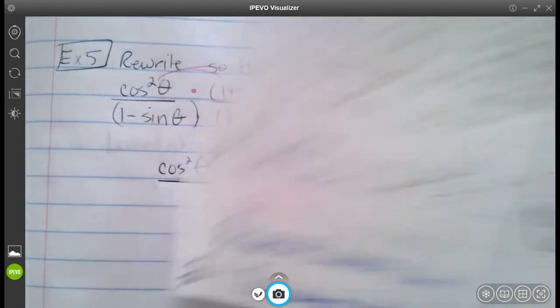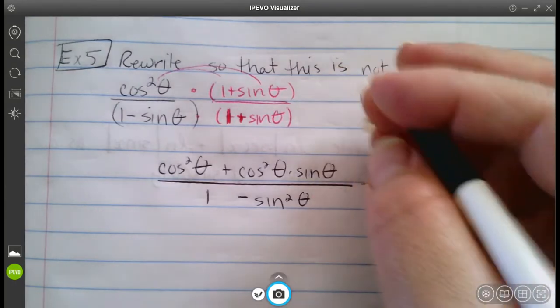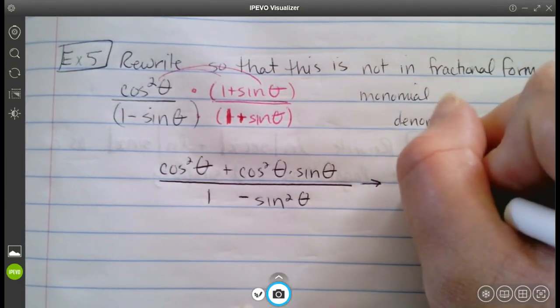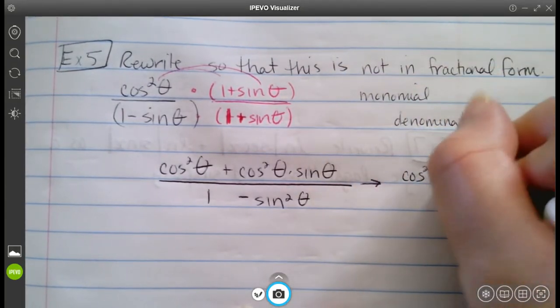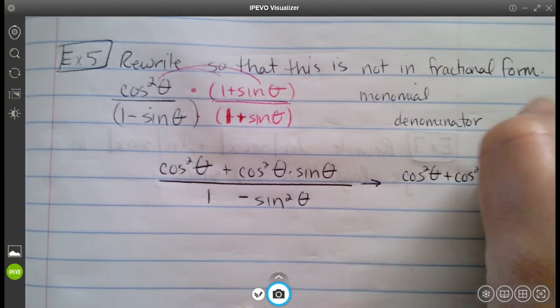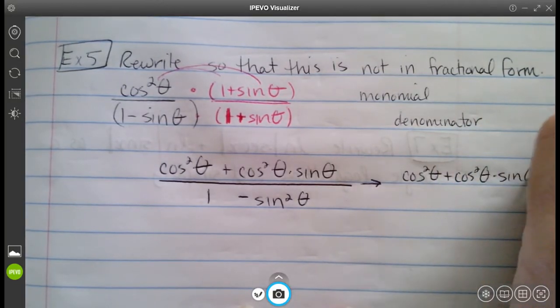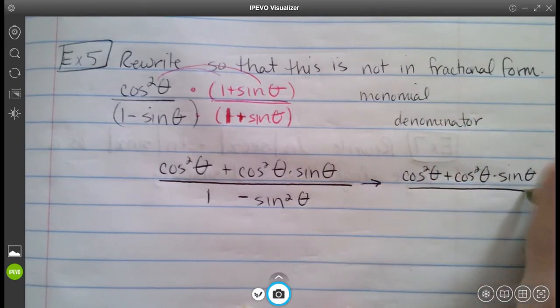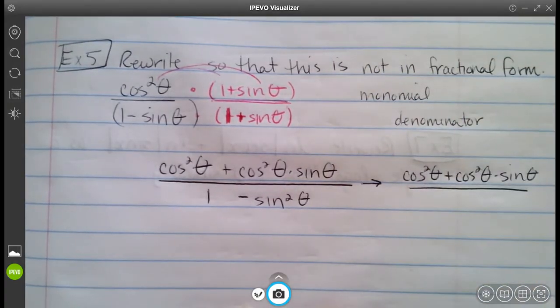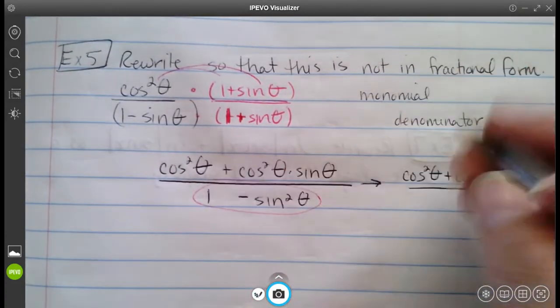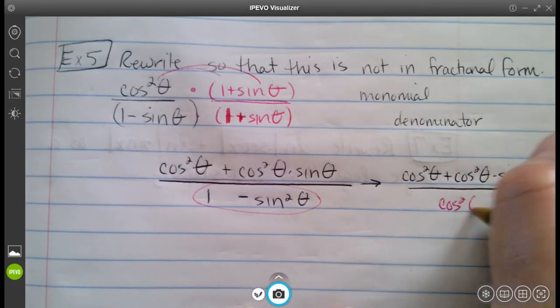So it's cosine squared theta, yeah? So let's replace that. We'll have cosine square theta plus cosine square theta times sine theta all over, replacing this one right now with cosine square theta.